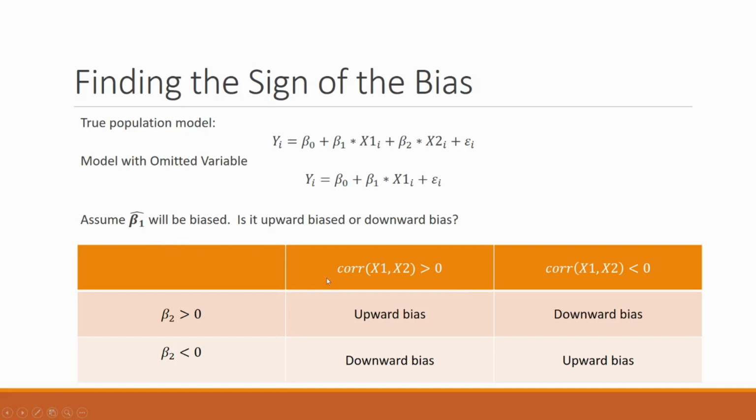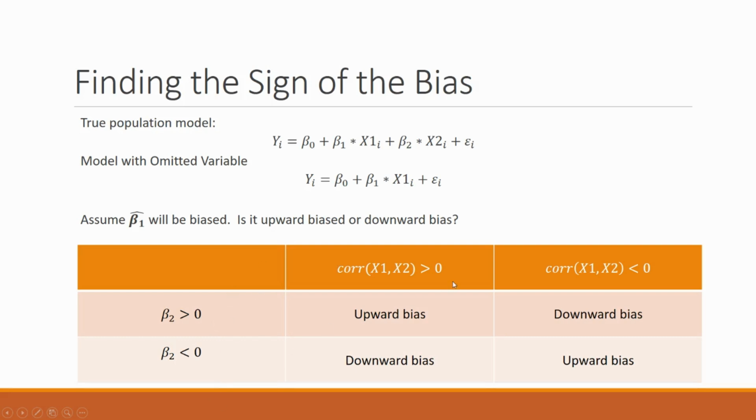Here we've got this handy table that we can use to reference to think about this bias. There are two possible options, upward bias and downward bias, and we find that out by intuiting or calculating, depending on if we have data for x2. We find that by considering the correlation between x1 and x2, that's up here, and the correlation between x2 and y, which is down here.